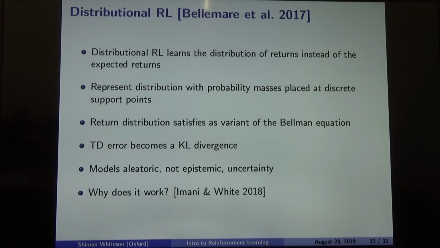Okay, the next idea is arguably even more counterintuitive. This is called distributional reinforcement learning. The idea is that rather than just trying to learn the expected value of the return, we're going to try to model the whole distribution of the return. Given a stochastic policy and a stochastic MDP, if I'm in some state and I follow this policy in the future, there exists some distribution over the returns that I will accrue.